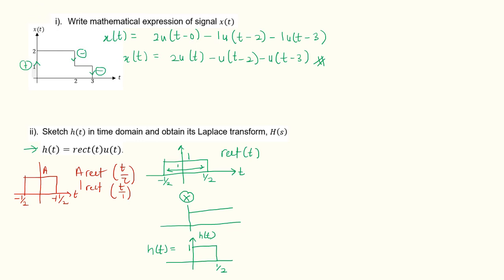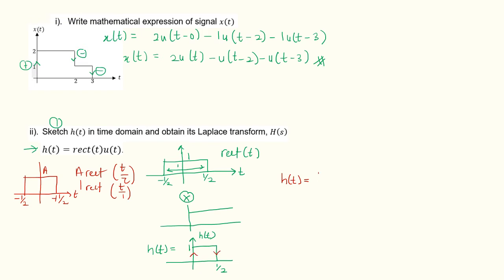Okay, but don't forget to look at the question completely. First, you need to sketch. Second, you need to obtain its Laplace transform. To get the Laplace transform, you need to have your ht equation first. So ht in this case is pointing up and pointing down.